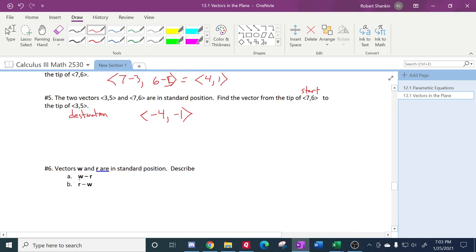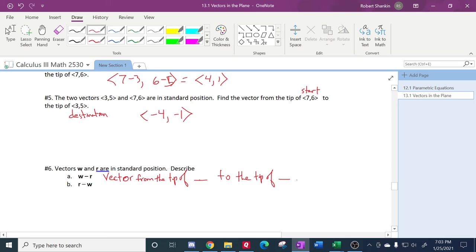If I was to describe W minus R as a vector from the tip of something to the tip of something else, what would it be?